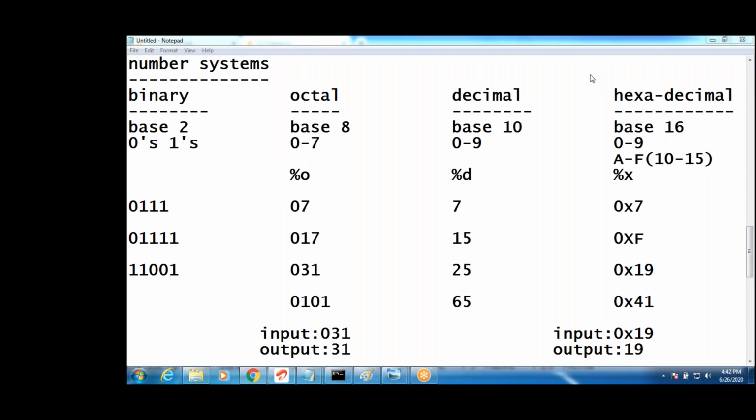Completed? Yeah, how to write a program and how it displays binary, decimal, hexadecimal format.